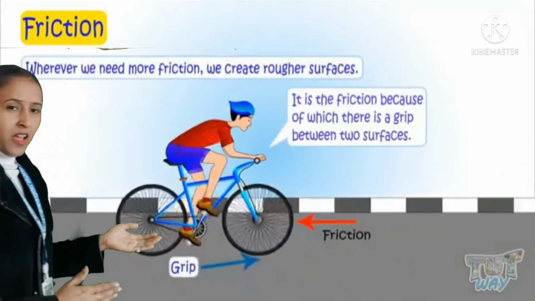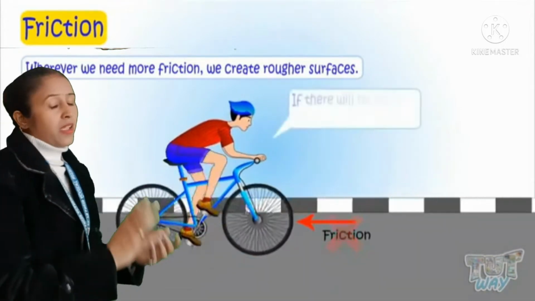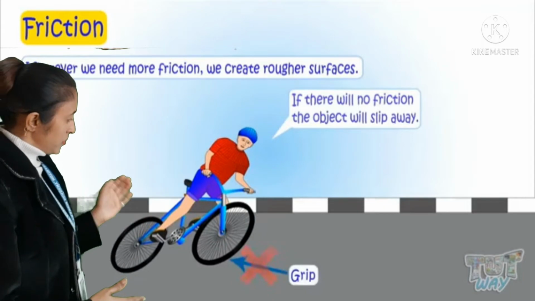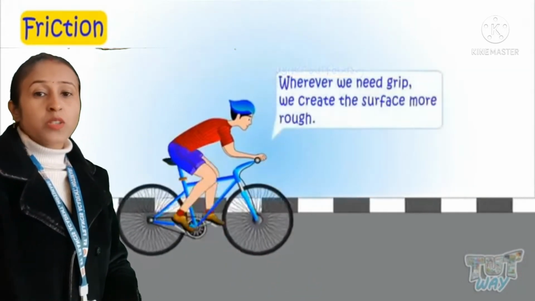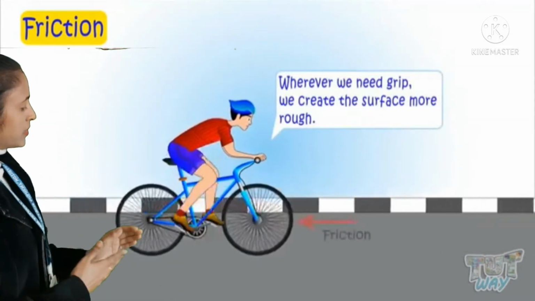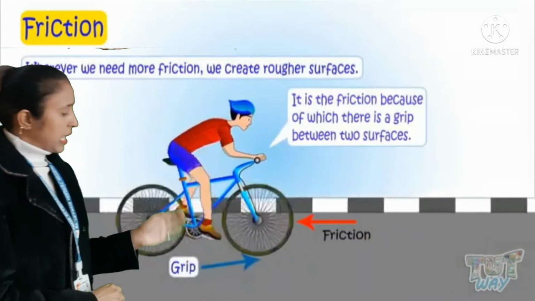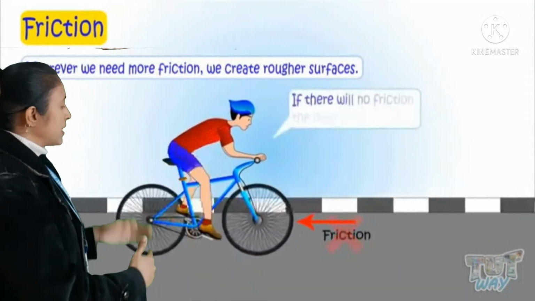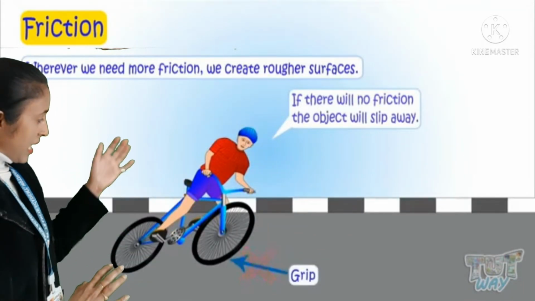As well as that rider, he is cycling here. All of you look at that rider cycling. Why is the rider cycling here very smoothly? Because of the friction. There is friction between the tire and the road. The friction occurs opposite to the movement, so the cycle moves forward but the rider does not slip.